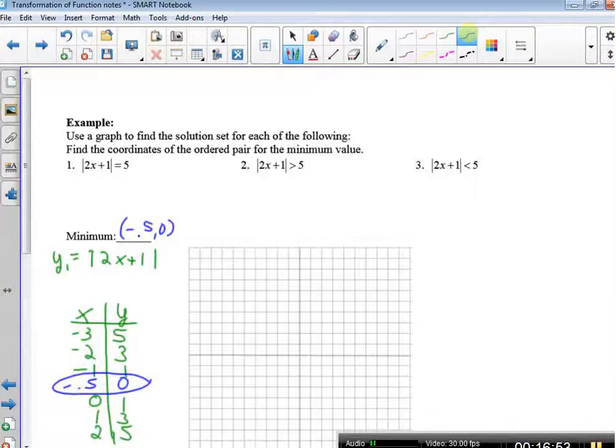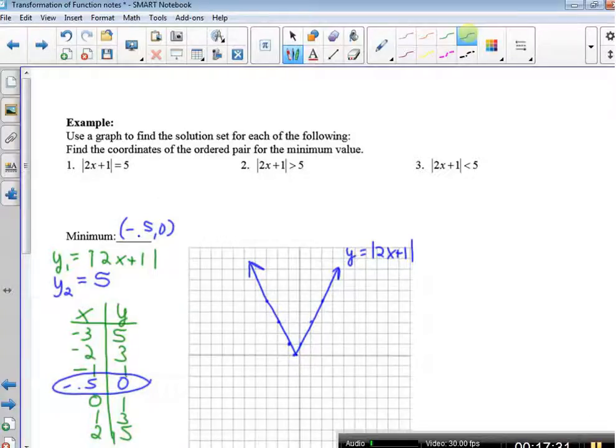Now, I'm going to graph this. Okay, so there's y equals absolute value of 2x plus 1. And then I am interested in y2 equals 5.